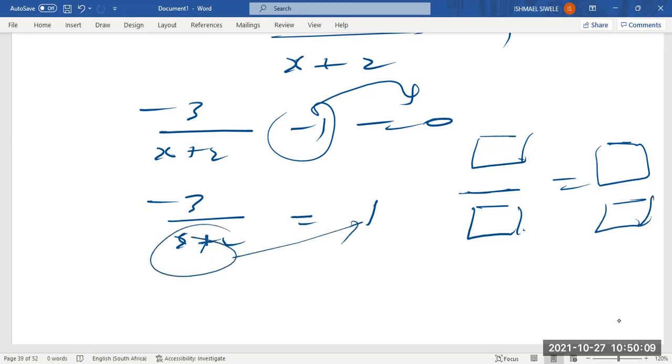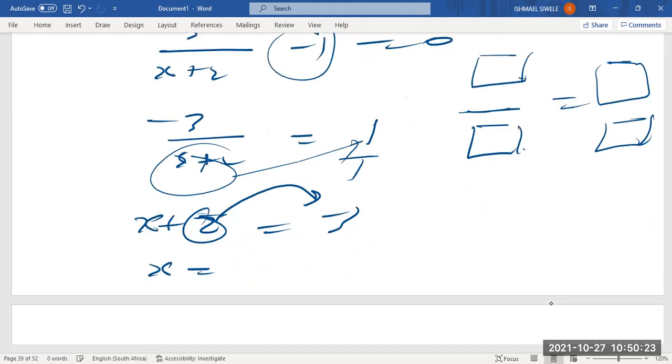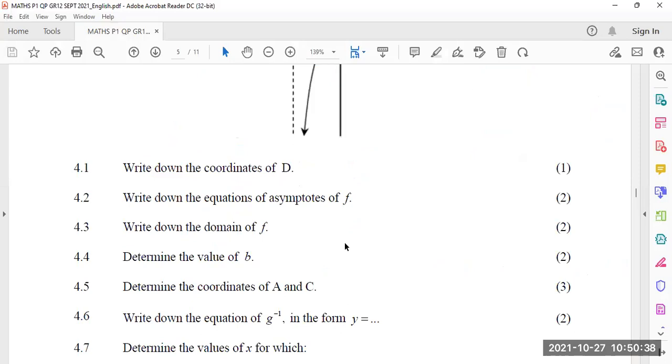Cross multiplying, x plus 2 times 1 is simply x plus 2, and over here is negative 3. Then I take the 2 across, so x is equal to negative 3 minus 2. That's minus 5, which makes A to be (minus 5, 0). You see? We're done.